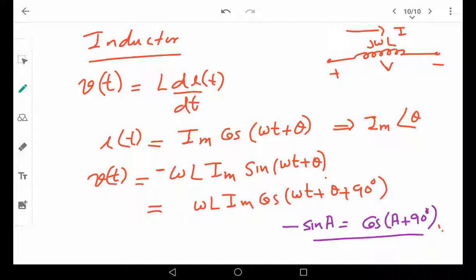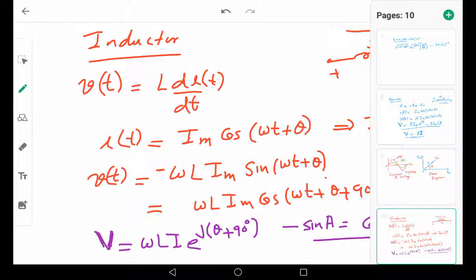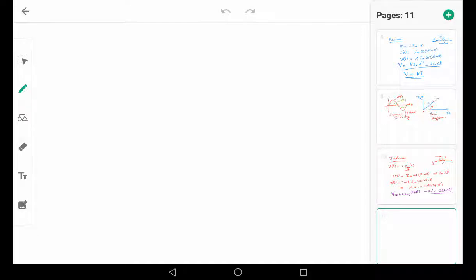So you can write V equal to omega L Im, then e raised to j theta plus 90 degree, right?